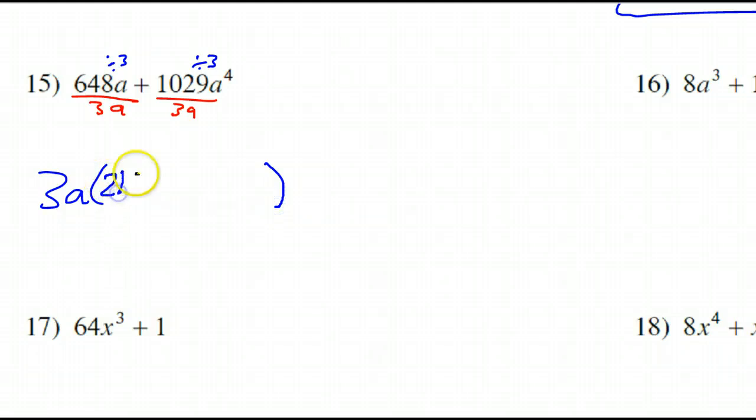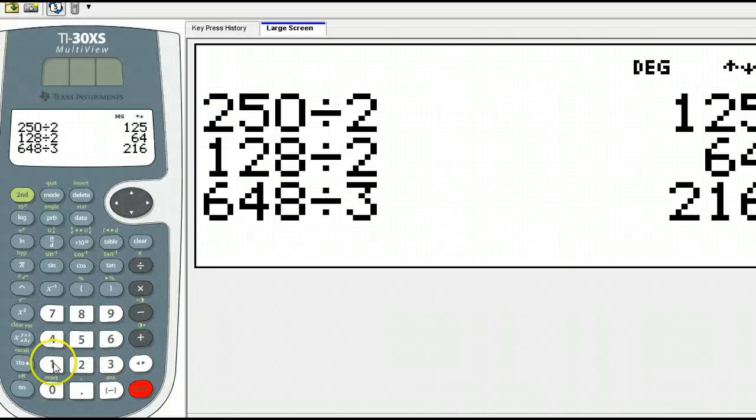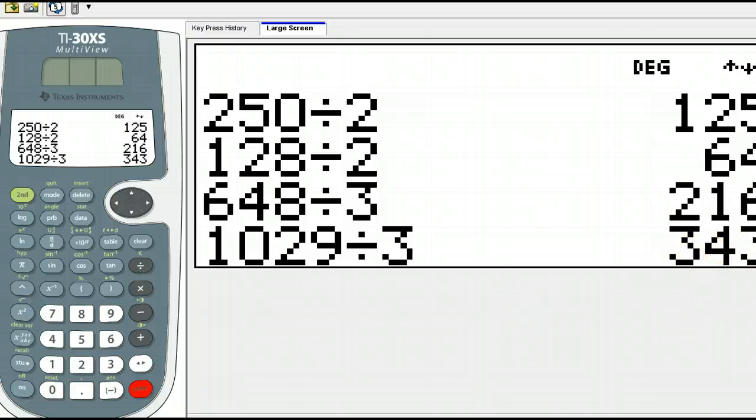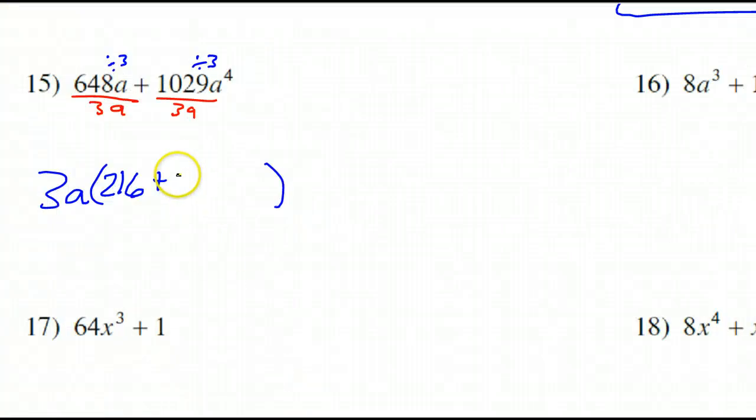So far I've got 216, and those a's cancel. Now 1029. That's 343. And that will be a to the third power.